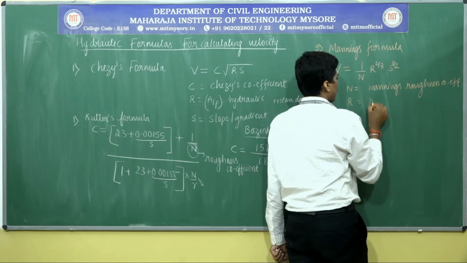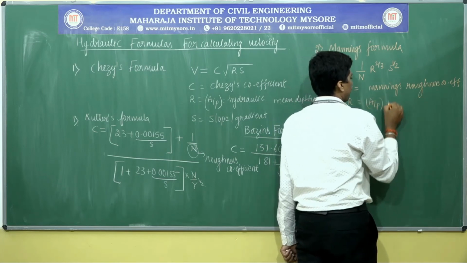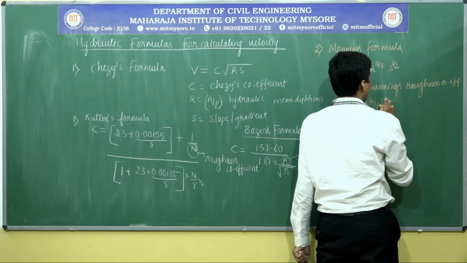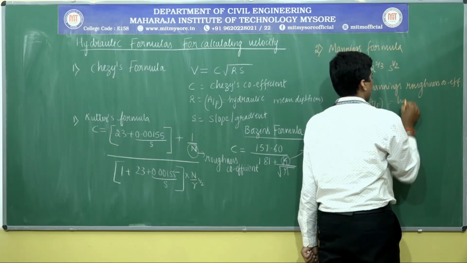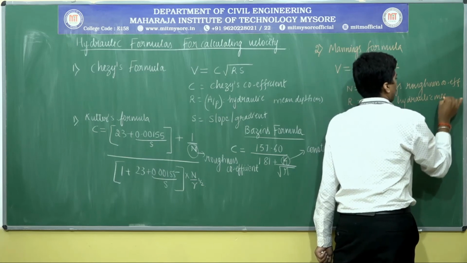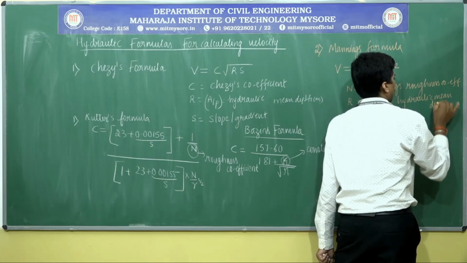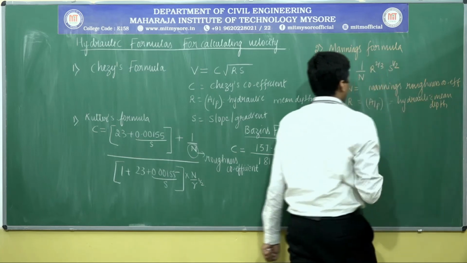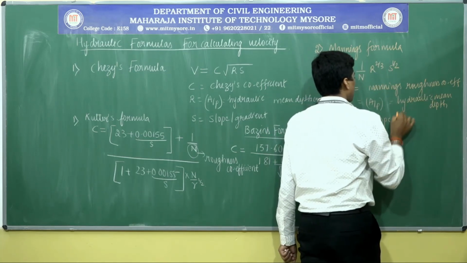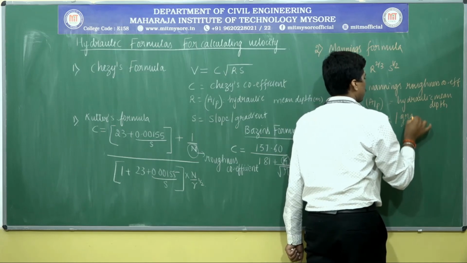R is nothing but A divided by P, where P is the wetted perimeter and R is the hydraulic mean depth. And S is what we also call the slope, or maybe the gradient.